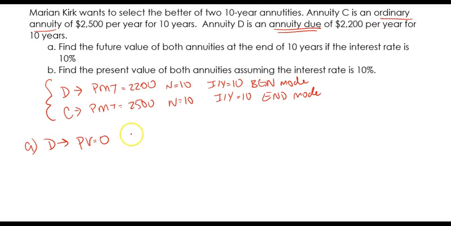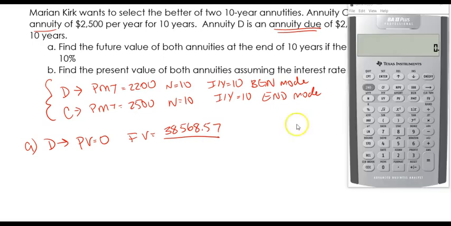So then our payment would be $2,200, 10 years at 10%, and we can calculate the future value. Now when I did this, I got the future value to be $38,568.57. Let me first show you how to get it into begin mode.